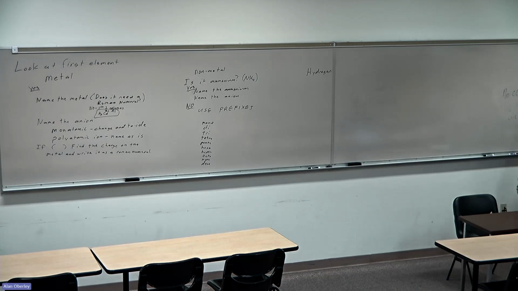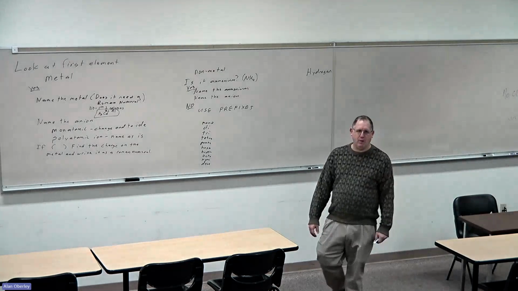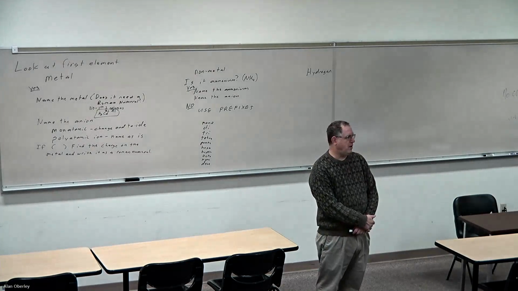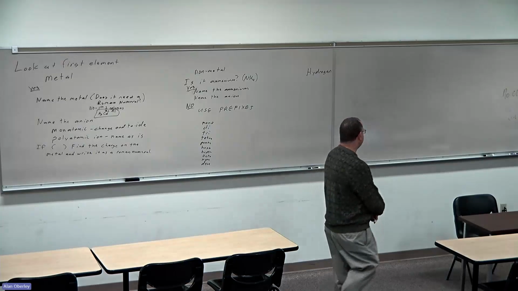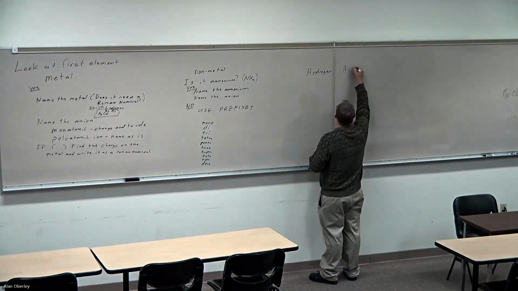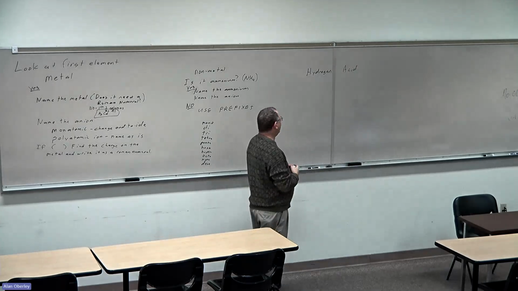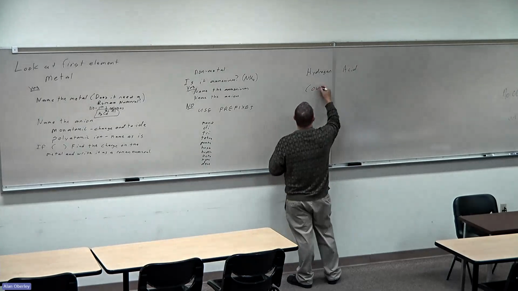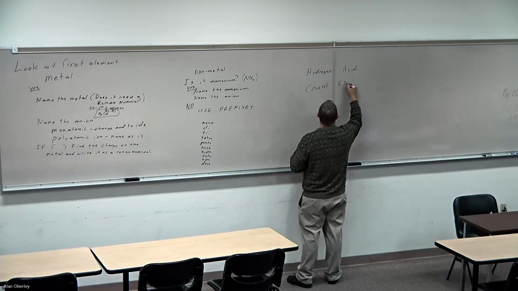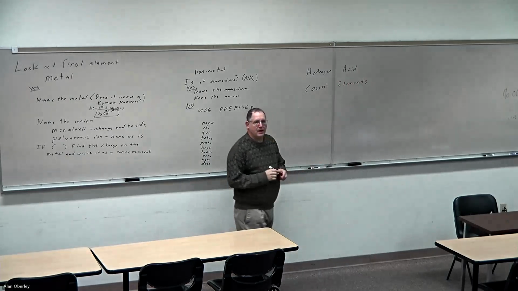Okay, so what's the last thing? If it has a hydrogen at the beginning, how are we going to name it? Acid. Okay, so if it's hydrogen, it's going to be an acid. If it's an acid, count the elements.